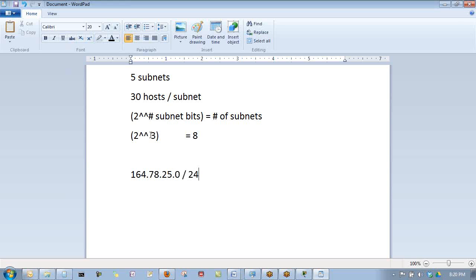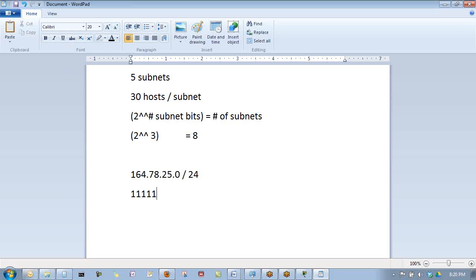The /24 says what? The 24 subnet bits, okay? 24 subnet bits.